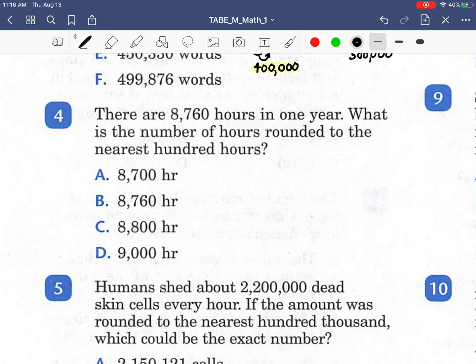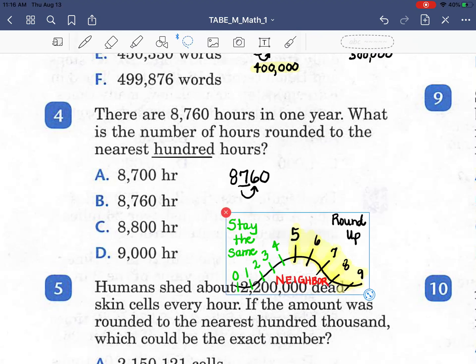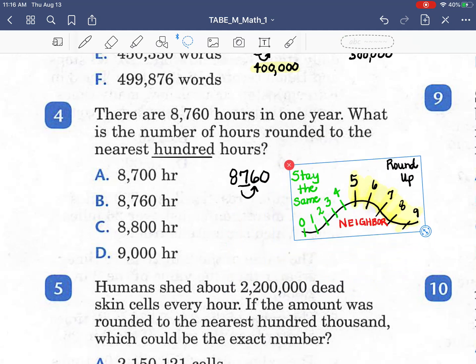There are 8,760 hours in 1 year. What is the number of hours rounded to the nearest 100 hours? So 100 is the spot that we're focusing on. That's the spot that gets underlined. You look back at your neighbor, and then you apply the rule.